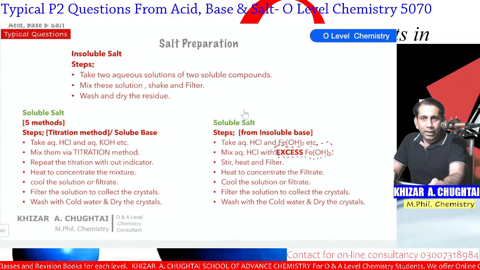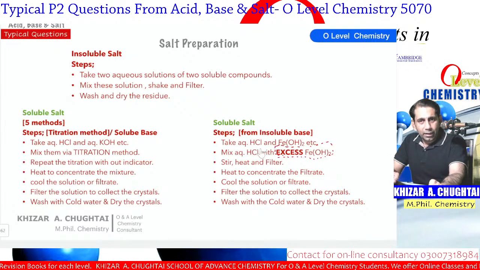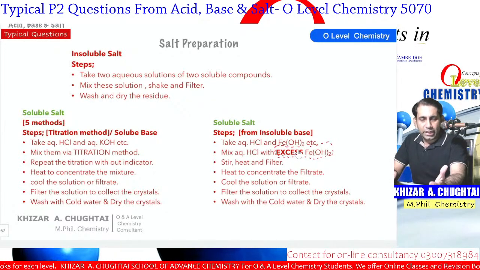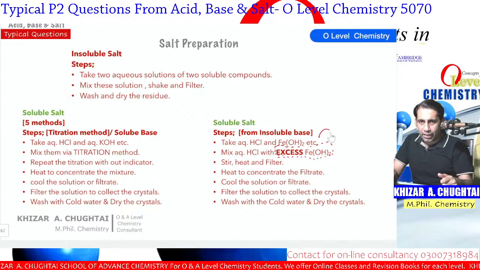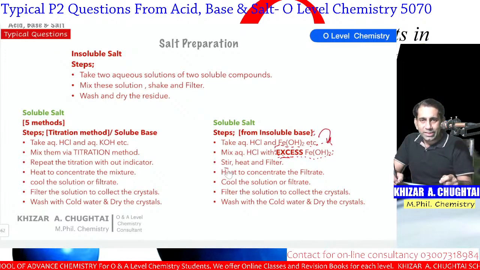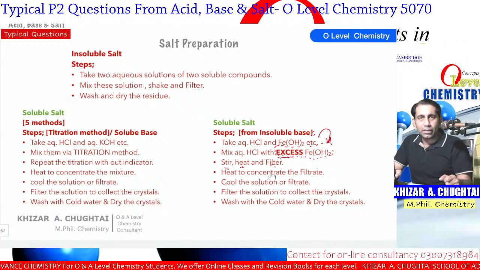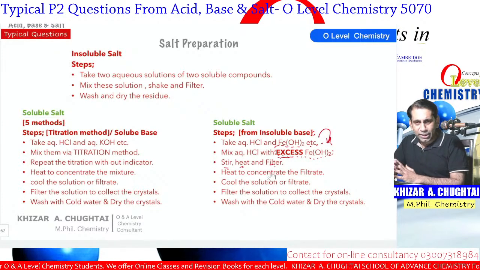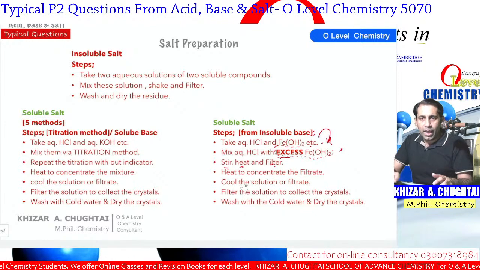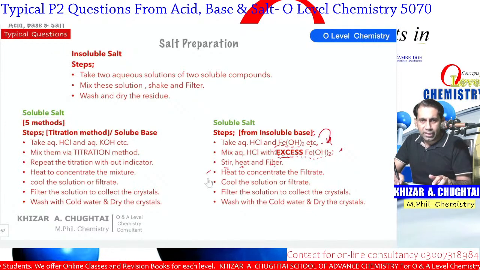So you will mix HCl plus, let's suppose, iron hydroxide, and you will mix them, but the quantity of the insoluble base will be in excess. Then you will stir, heat, and filter the solution. You will discard the residue, that is the excess one.